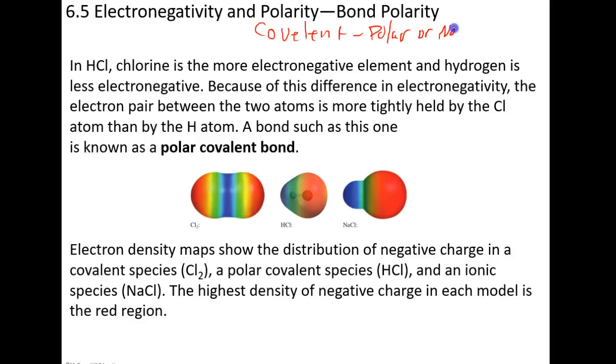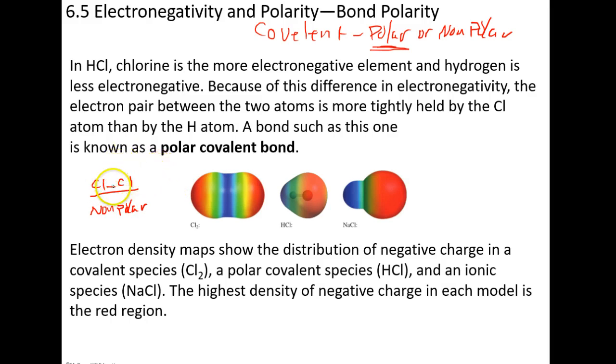The greater the difference in electronegativity, the more polar your bond. With the same two atoms, like chlorine and chlorine, this is a nonpolar bond because they are equal in electronegativity.